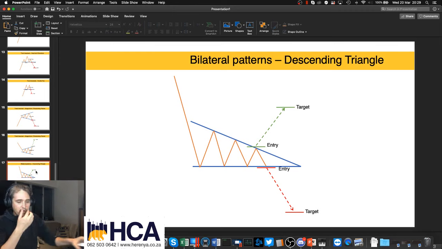The more I studied up on this stuff, because I did go on a bit of a study quest to learn as much as I could about technical analysis, these are technically bilateral formations, and if I think about it now, I have seen them fake out of one side and break in the opposite direction a few times, but I've also seen them follow through and be trend continuation patterns.